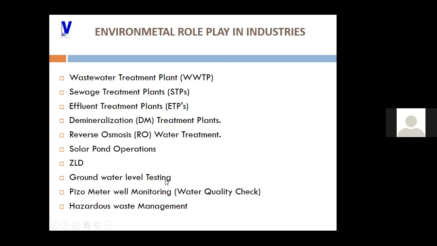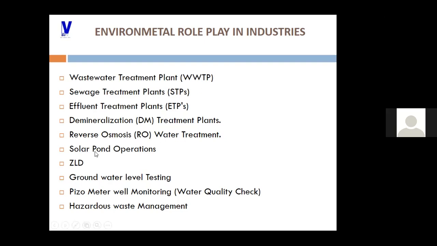In our industry, we collect the toilet flushing water and canteen water, the vessel cleaning waters and hand wash waters. All the waters are collected in one place. Based on the PCB recommendation, we install the sewage treatment plant. Its operation and monitoring come under the environmental department only.